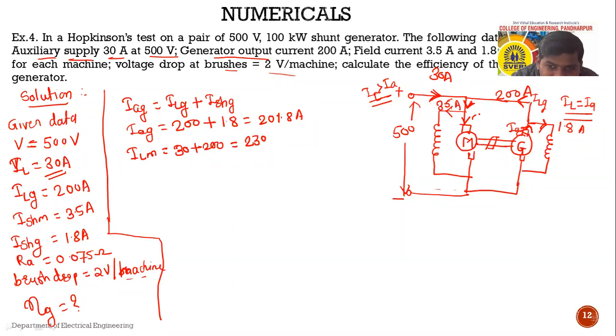Now calculate this armature current IA of M. IA of M काय येईल?